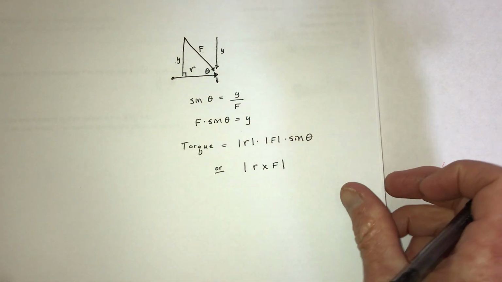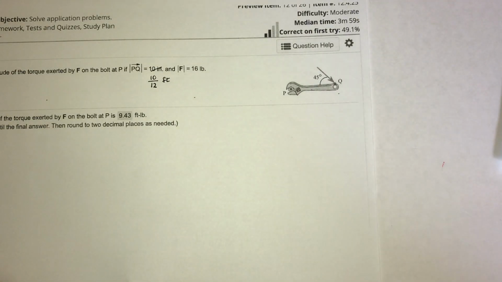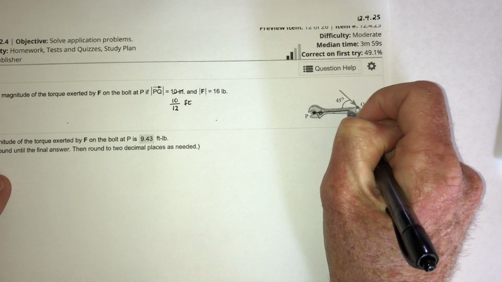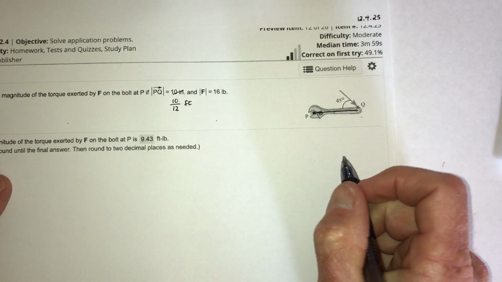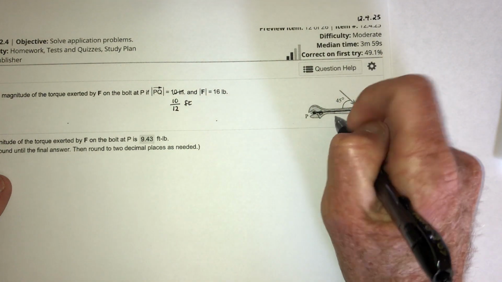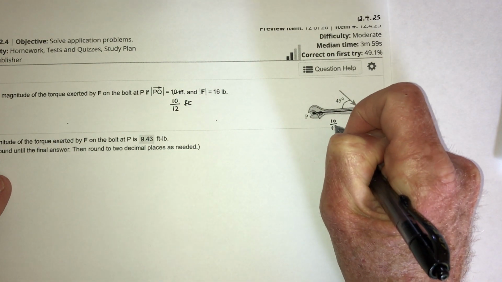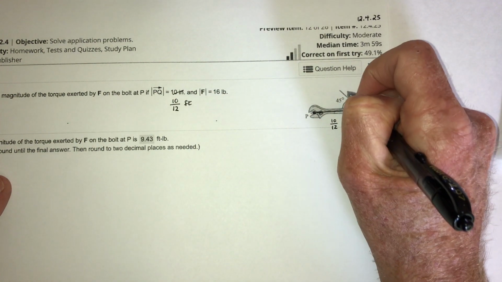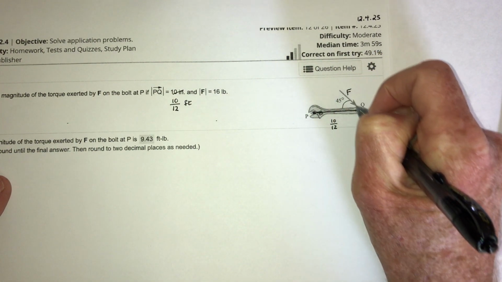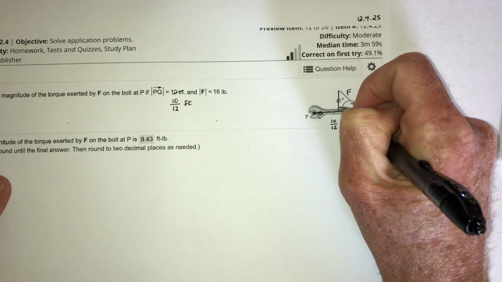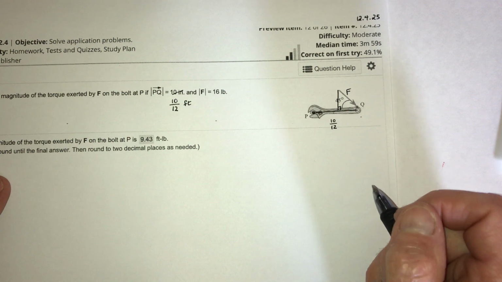Okay, now let's try to apply that here. So the R is this length right here, and that's the one that we had to change. So this is 10/12 of a foot. And then this is the F, but it's going at this 45-degree angle. So that's where we need to drop this and then use sine.